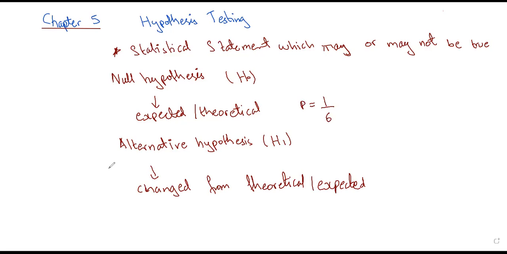When I talk about alternative hypothesis, all I know is that it is not going to be 1/6. So either it would be greater than 1/6 if it is biased, right? I'll talk about it in detail. Or it would be less than 1/6, or if I'm not sure about that it would be greater than or less than, I would know certainly that it is not going to be 1/6.